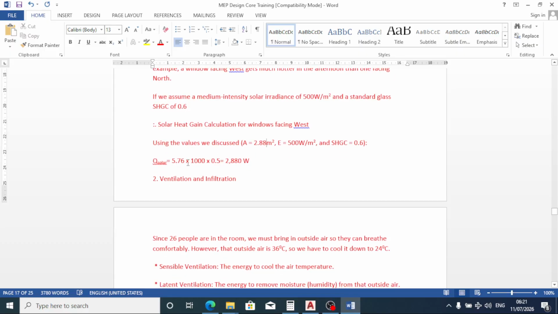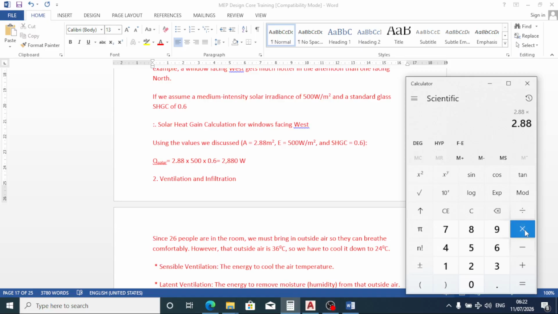Alright, so now I hope you're following. Our solar irradiance for the west side is 500, that's what we are assuming, and we are assuming that the glass is an ordinary clear glass, so it's going to allow 60% of the sunlight to come into the space.